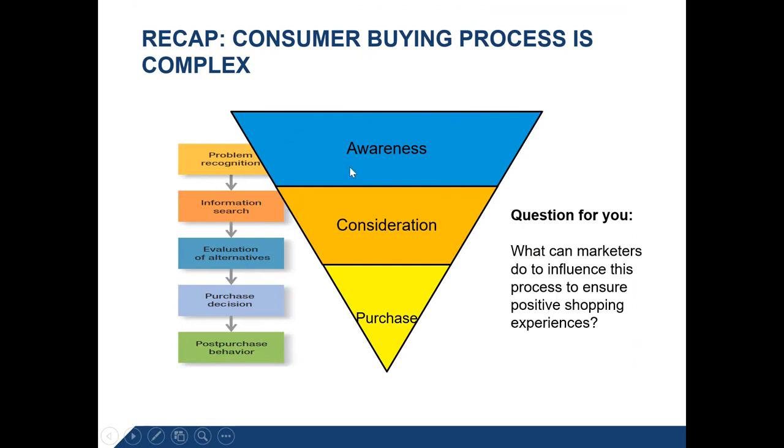When some consumers filter down to the consideration stage, they are engaging in information search and evaluation of alternatives. When they go further down to purchase, they are actually making a purchase decision. And then they go into what we discussed as the post-purchase behavior stage.